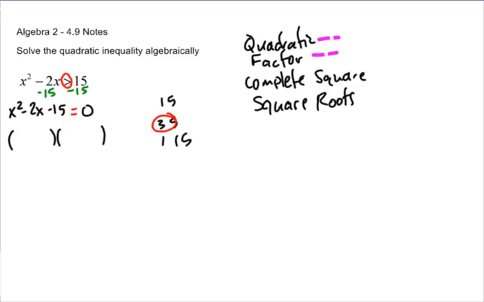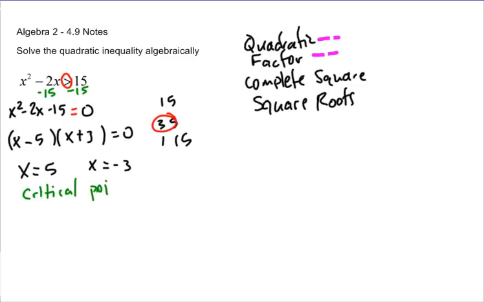So (x minus 5)(x plus 3) equals 0. And so what we get are zeros at 5 and negative 3. And these are what are called critical points. They're really important later in your math life.